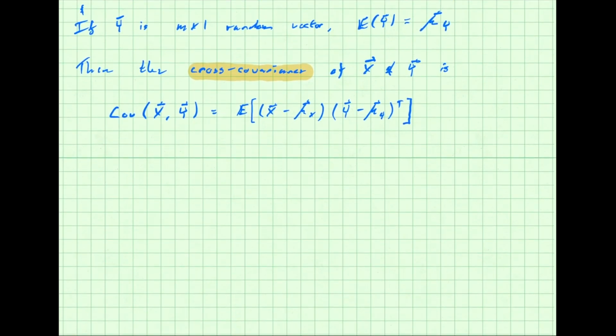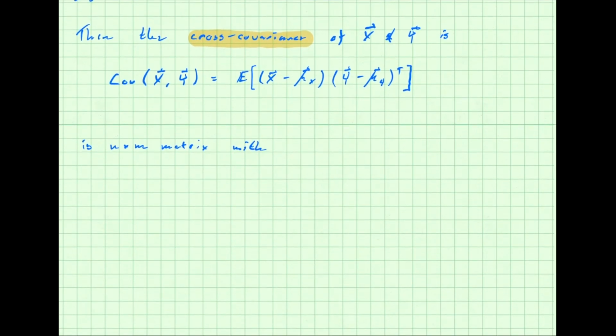This thing is an n by m matrix with ij element, which we write as the covariance of vector X and vector Y, equal to the covariance of X_i and Y_j. So that's kind of cool.